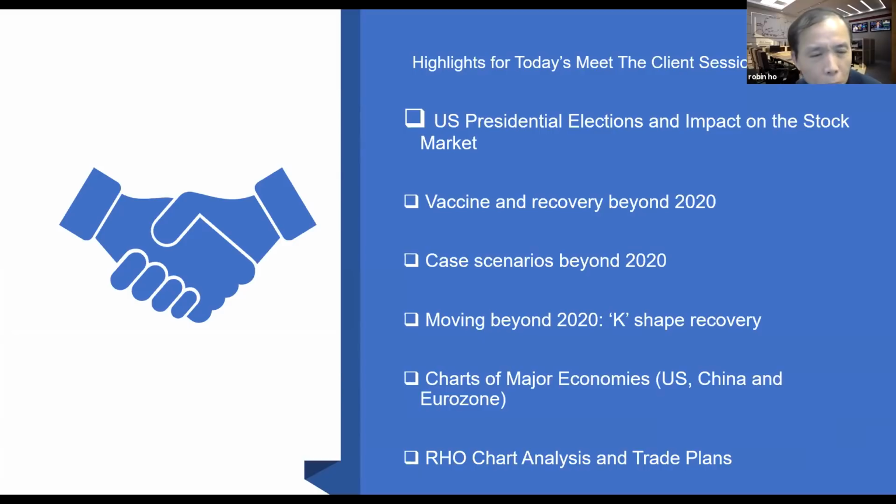So I want to talk a little bit about vaccine, recovery and beyond, some case studies, moving beyond 2020, the K-shape recovery, and then we discuss some charts of the global major markets, and also I want to show you some stocks that I'm looking at. All right, so a lot to talk about.